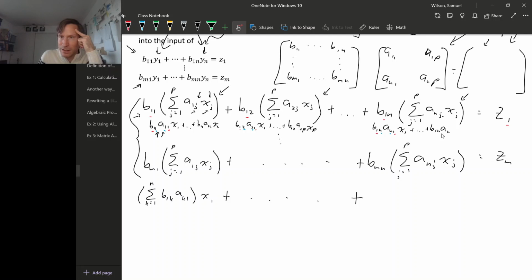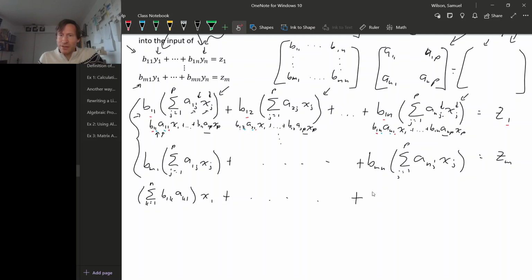Okay, and then this b1n a sub n. Now we're plugging p into here, so this should be a p as well. Okay, b1n anp xp. There we go. So the last x variable is x sub p, and these are all of the x sub p terms that show up in the first row.